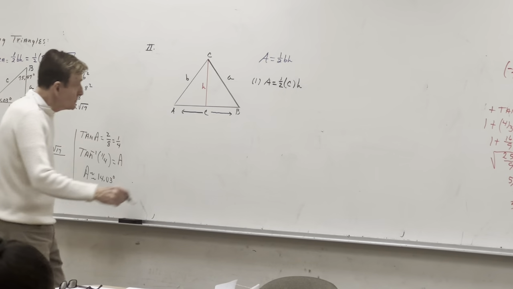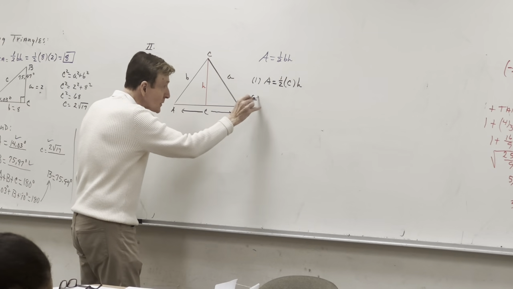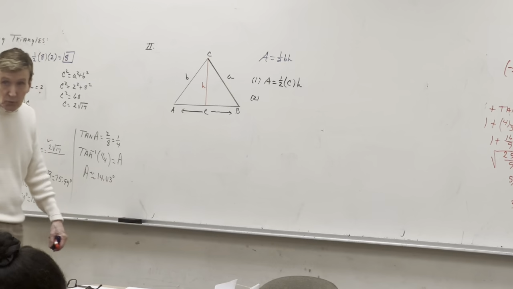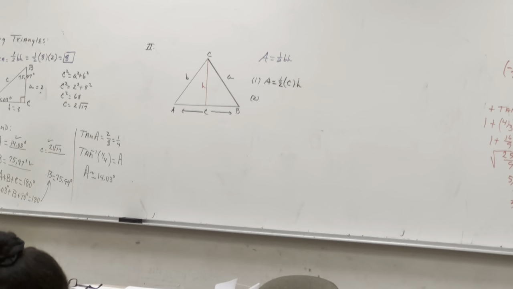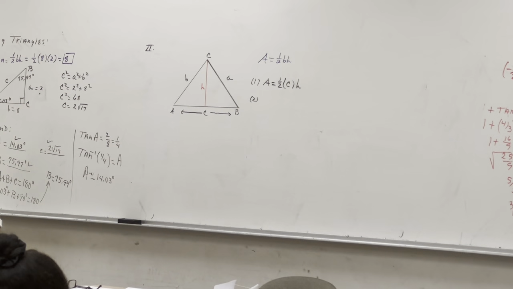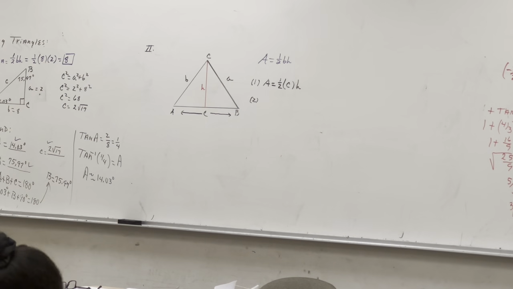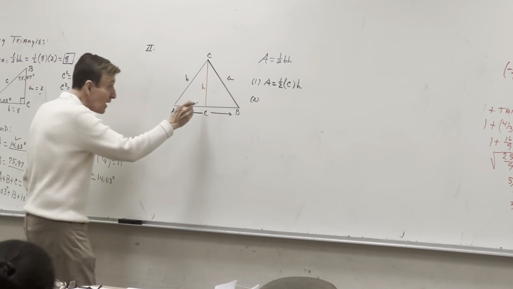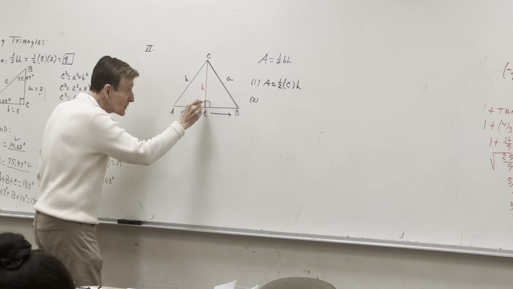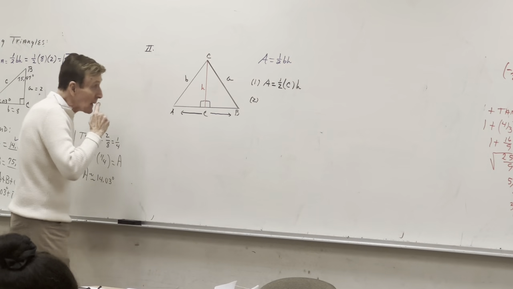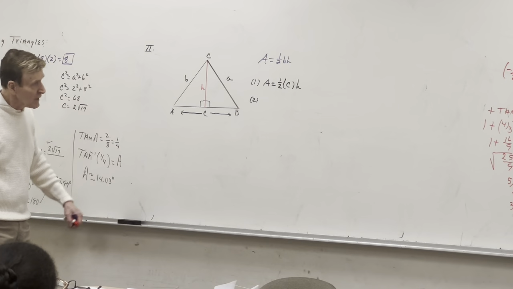Now, step 2, which they may not know in middle school: since I dropped that perpendicular, do I have two small right triangles? Yes, created. Let's look at each one separately. We'll look at the one on the left.